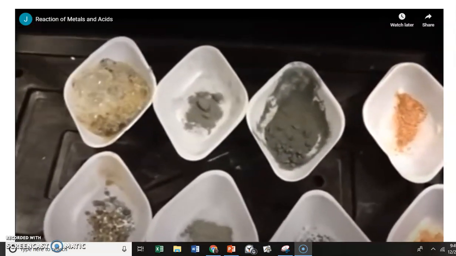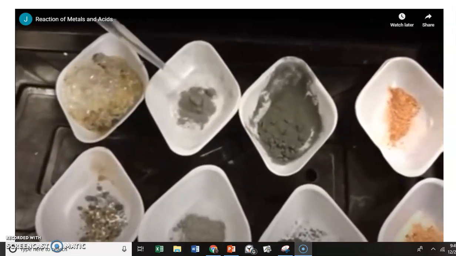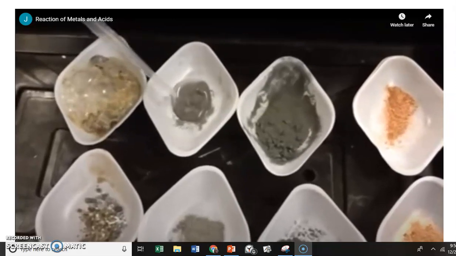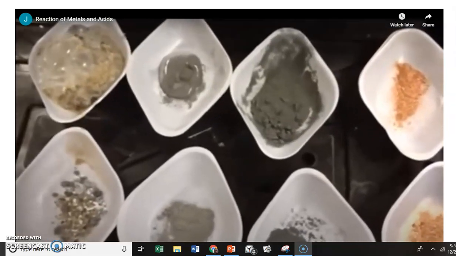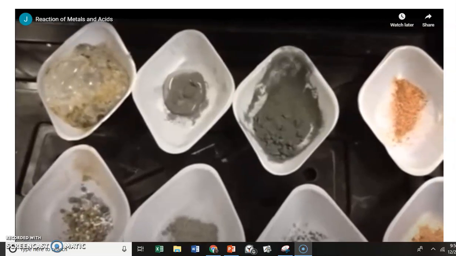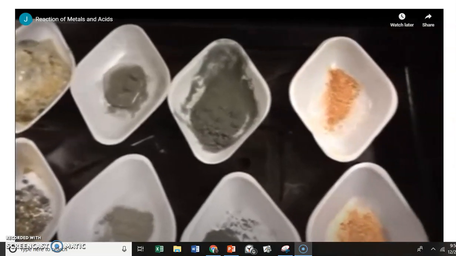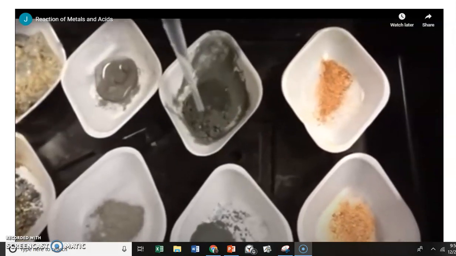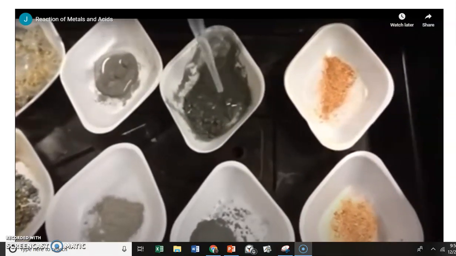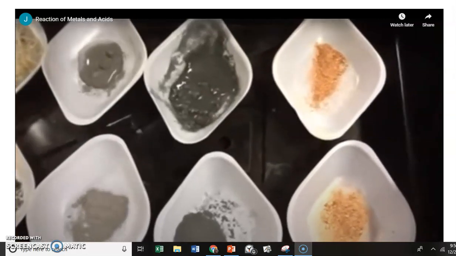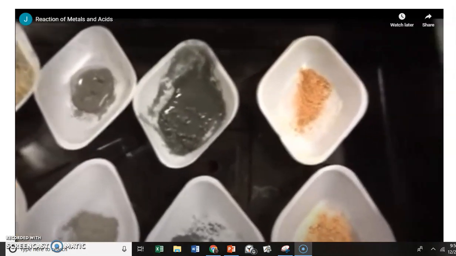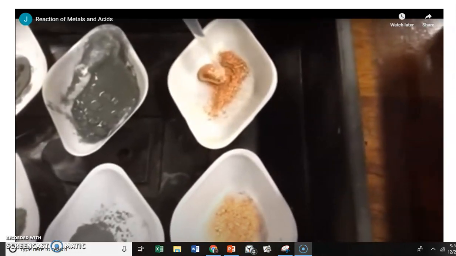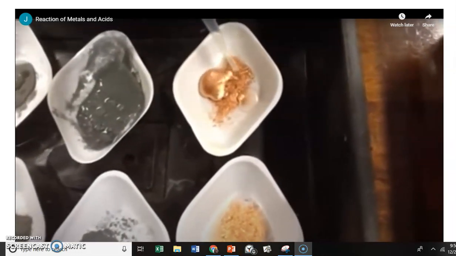Next we have the magnesium. Very little activity there. And we will move on and add an equal volume of water to the zinc. No observable reaction. And finally the copper. Again, there's no reaction.